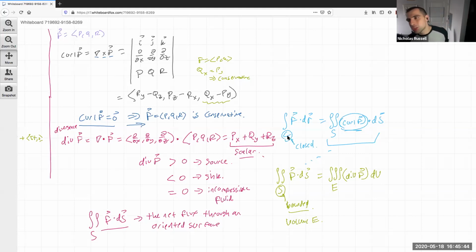Well, I guess the issue is, this needs to be a bounded surface. No bounded surface will have a curve, because there's going to be no boundary to a surface that's closed. If I consider a sphere, there's no curve there. There's no boundary to this. The boundary is the entire surface itself.